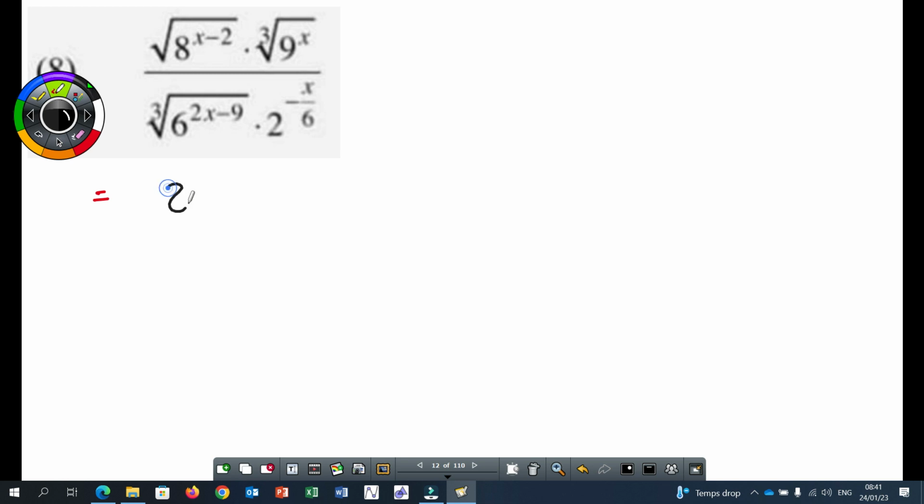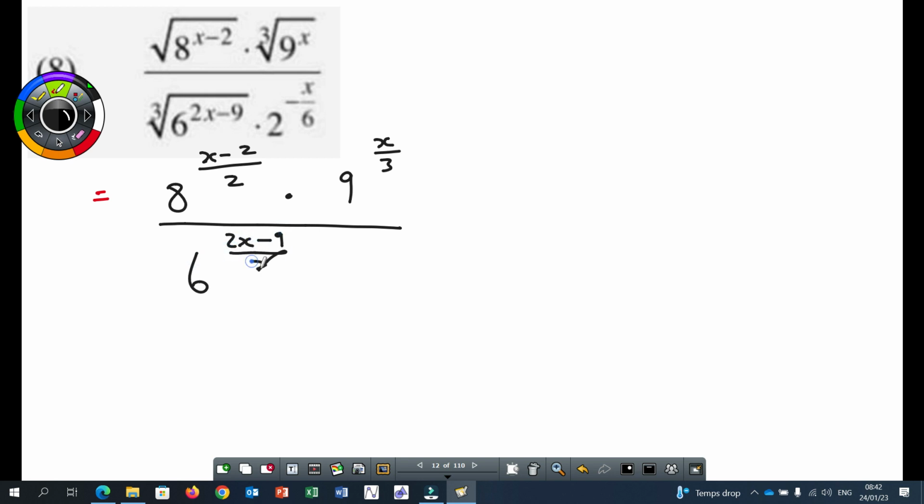I'm going to write that as 8 to the power of (x minus 2) all over 2 times 9 to the power of x over 3. This is all over the denominator, that will be 6 to the power of (2x minus 9) over 3 times 2 to the power of minus x over 6. So I've removed the square root sign first.